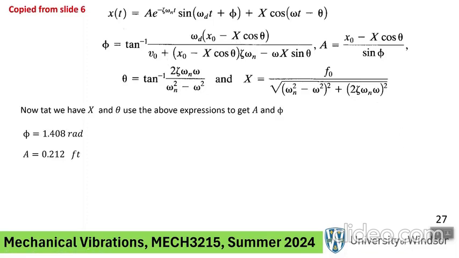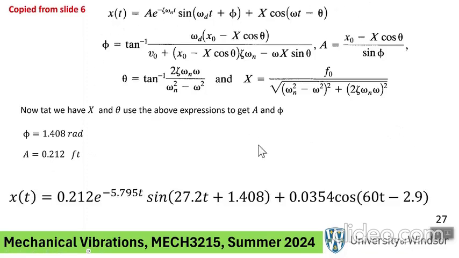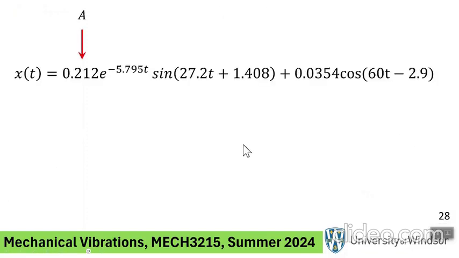And you're going to get this and that. So here's the whole shebang. You know everything. This is your A. This is your zeta omega n t with a minus sign. There is your omega d. There is your phi. There is your big X.